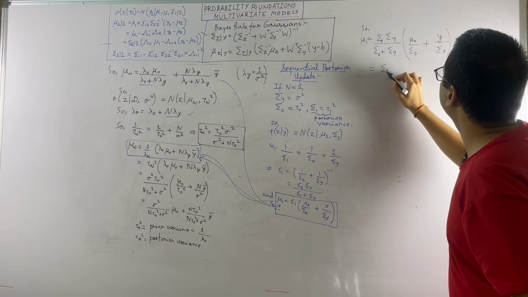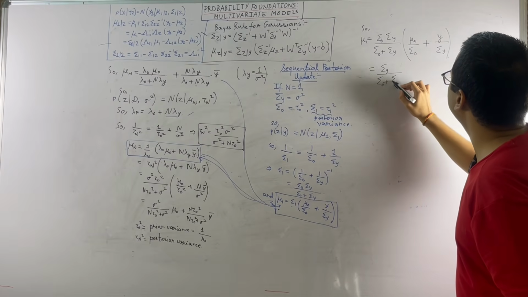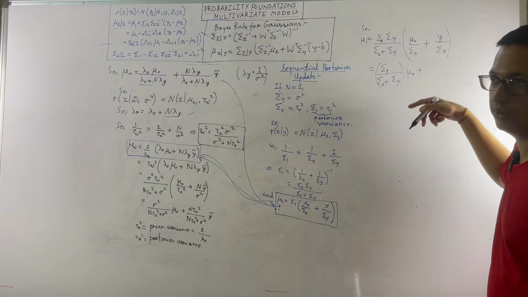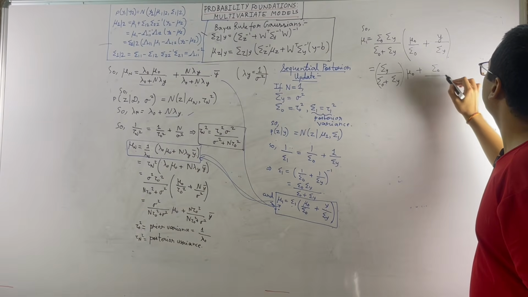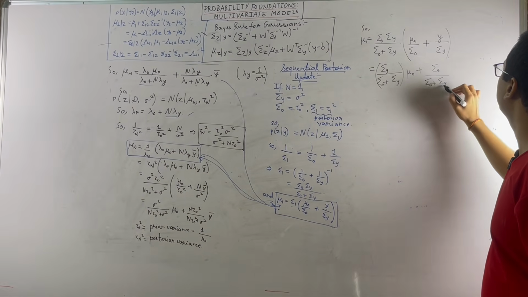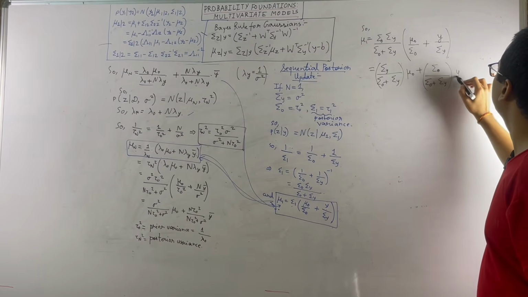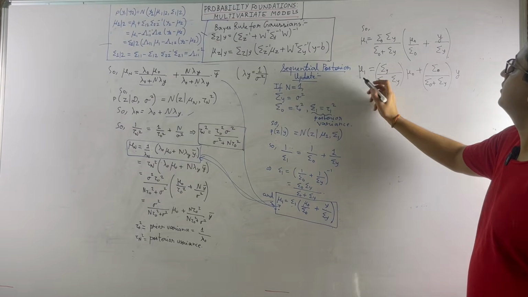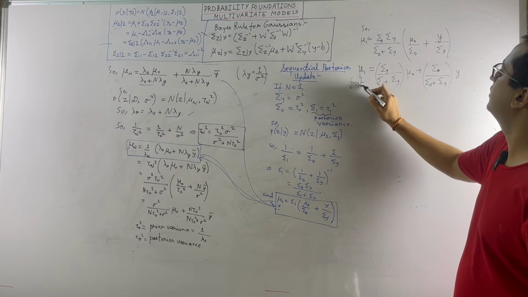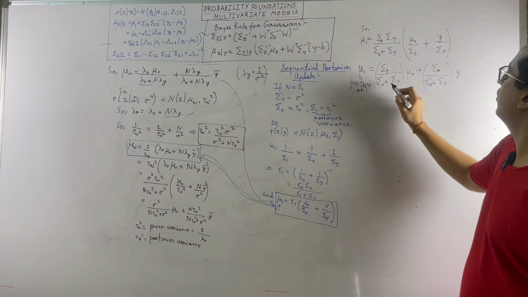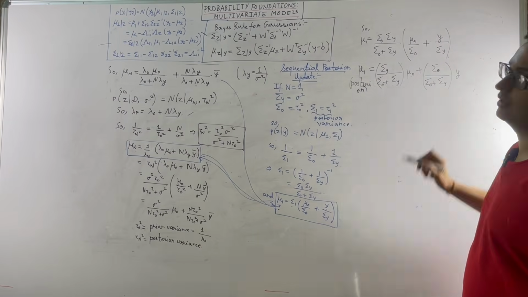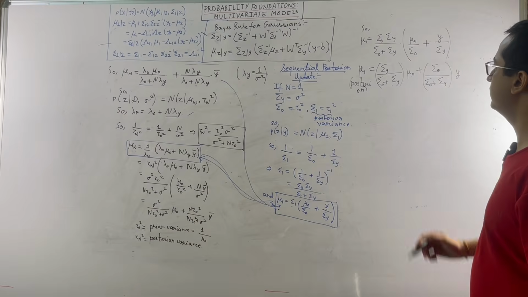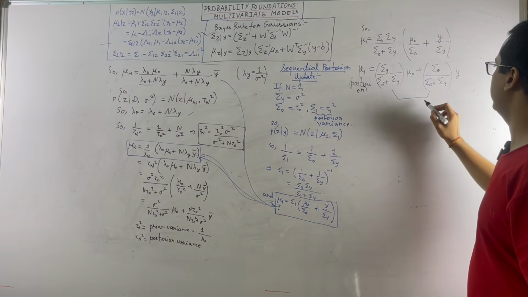Sigma y over sigma naught plus sigma y, times mu naught. You look again, we have a convex combination, plus sigma naught by sigma naught plus sigma y into y. So the posterior mean is basically the convex combination of the prior mean and the likelihood. Okay, is it clear? So this is again a convex combination.